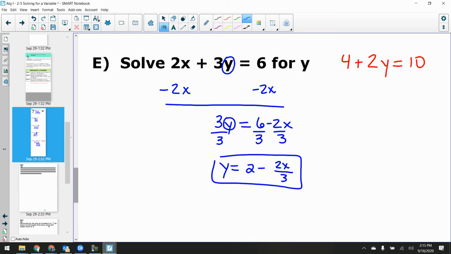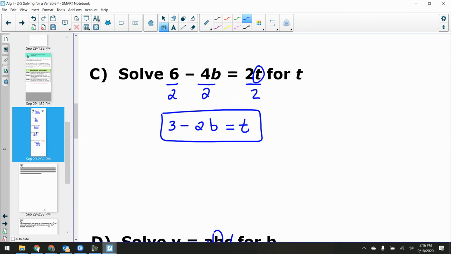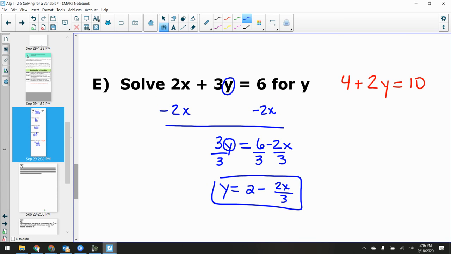We can't actually simplify that down. If you take 2 divided by 3, what happens? You get a decimal, right? 0.6 repeating. And that's a fully simplified fraction. If I took 4 divided by 2, I can actually do that. That's a 2, right? So when you can divide and it comes out nice and even, you can do that. If you divide and get a decimal, you leave it in fraction form.